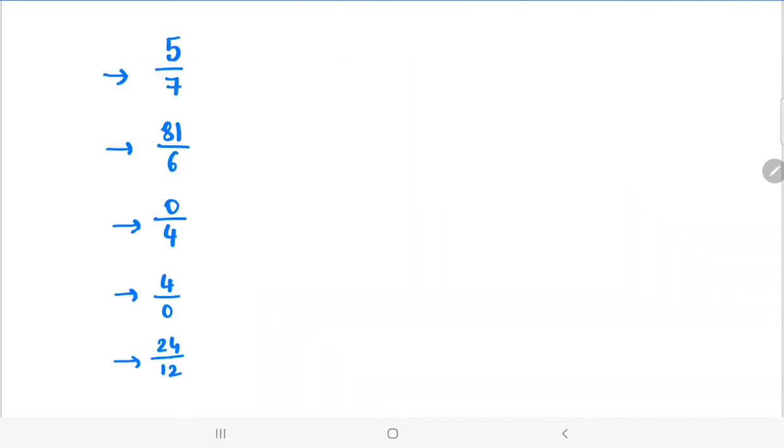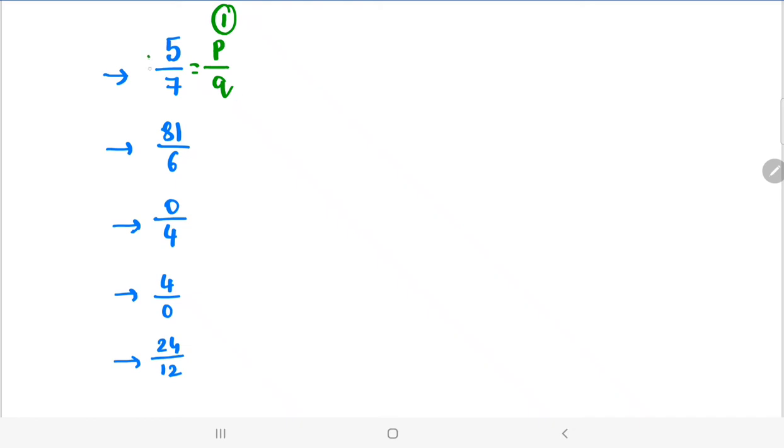So children, let us see a few examples to identify whether a number is a rational number or not. If I am taking the first number, it is 5 by 7. What I told you? It should be in the form of p by q. So it is in the form of p by q, right? The second rule is p and q should be integers.